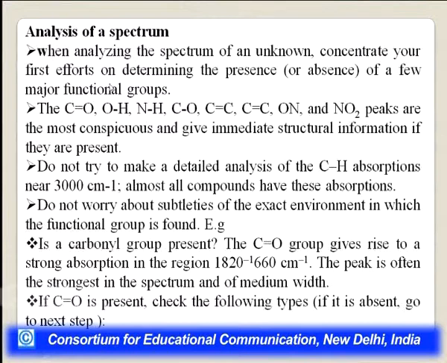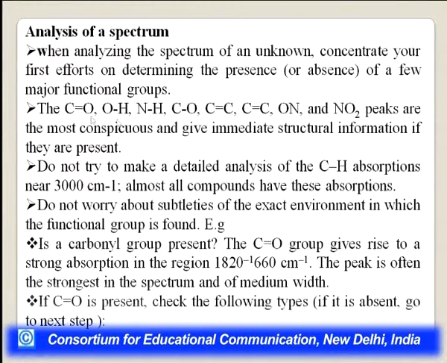How can you analyze the IR spectrum of a compound? When analyzing the spectrum of an unknown, concentrate your first effort on determining the presence as well as the absence of a few major functional groups, because both will help you a lot.